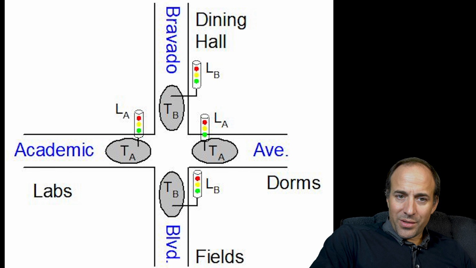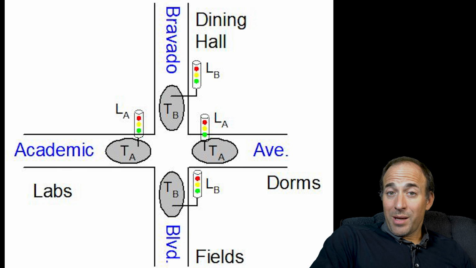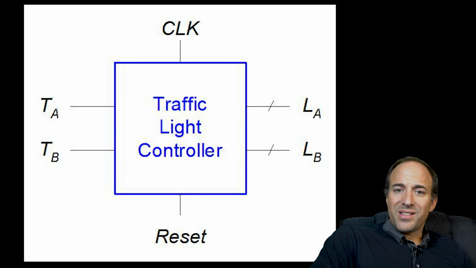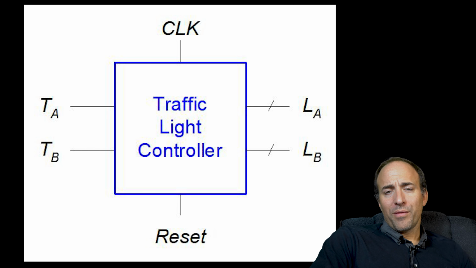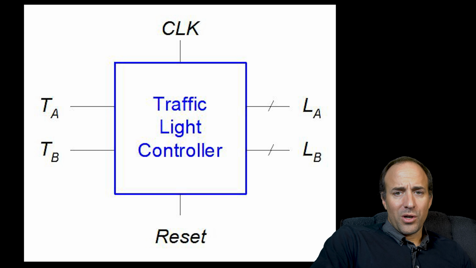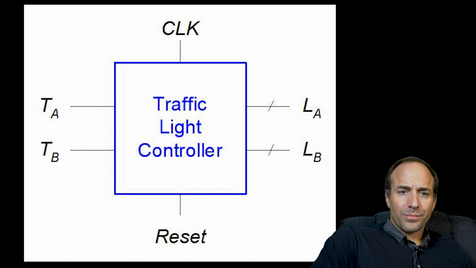The inputs to the state machine controller could be TA and TB, each of which is set to 1 whenever traffic is detected on Academic or Bravado respectively. So if there's a car rolling through the intersection on either one of those streets or waiting at the light, those signals would indicate that.